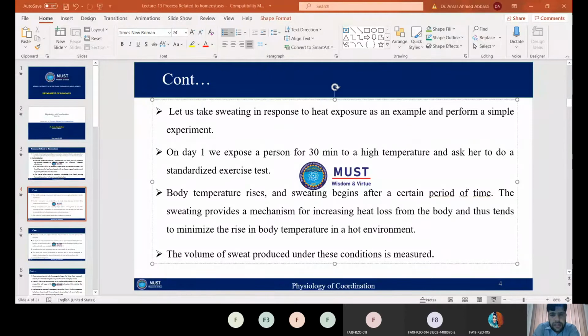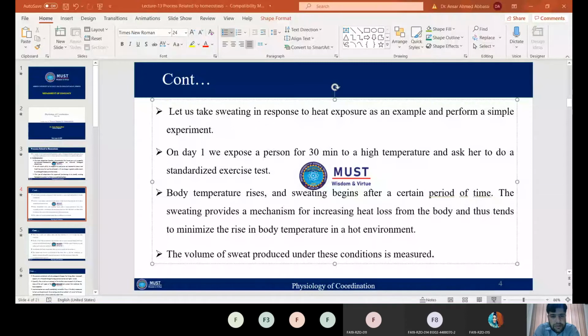For a week, the subject enters the heat chamber for 1 or 2 hours per day and exercises. This was started for 30 minutes, and this whole experiment was continued for a week, in which our subject regularly enters the heat chamber for 1 hour, 2 hours per day and exercises.